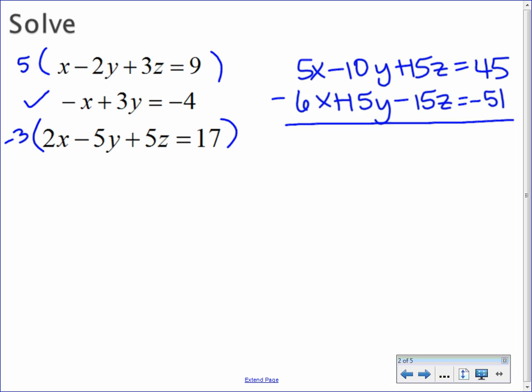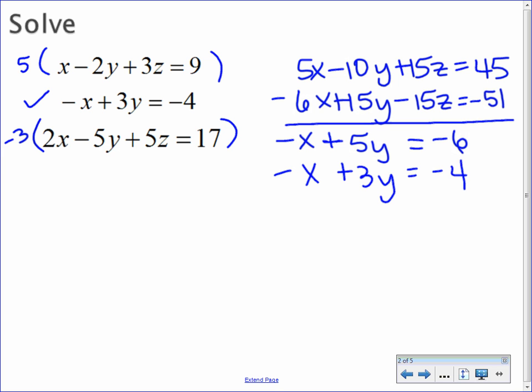So now when we add these two together, we get negative x plus 5y. Now I'm going to write this one down here. We have negative x plus 3y equals negative 4.